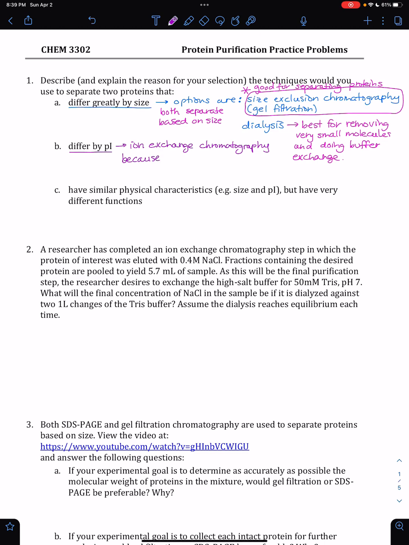And the reason, okay, is because it separates molecules on the basis of their charge. And so if two molecules have very different isoelectric points, then at any given pH, they will have very different charges. So ion exchange chromatography, because it separates based on molecular charge.